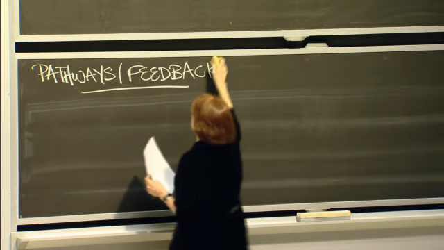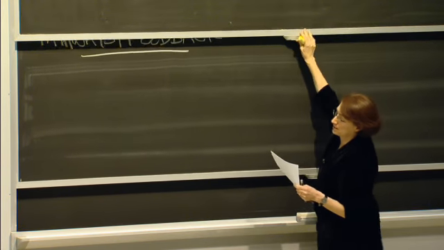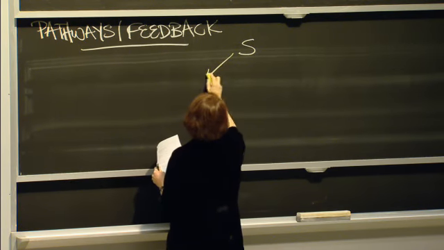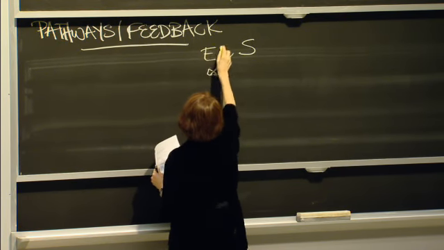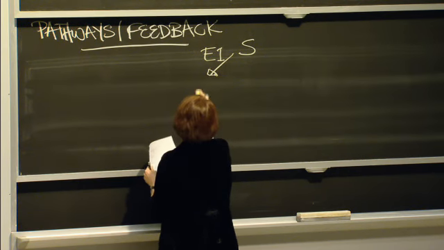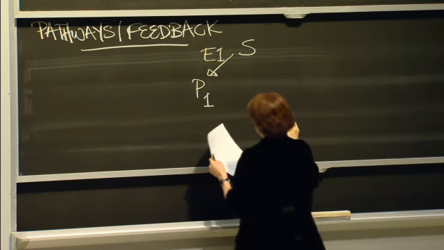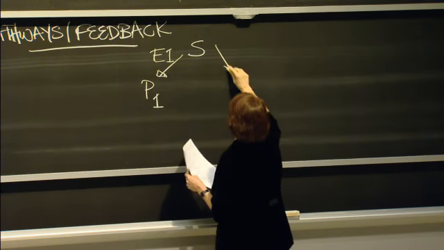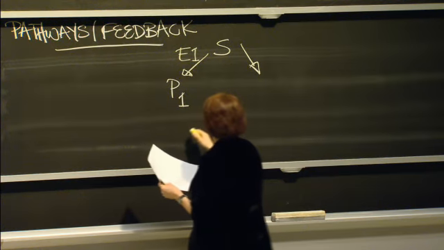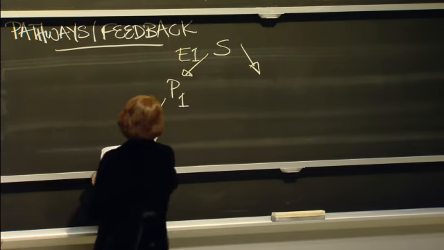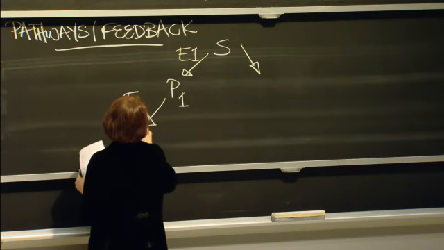And let's draw a simple pathway on the board to give you a sense of what I mean. Let's start off with a substrate that's converted through the action of enzyme 1 to product 1. And then there is also a competing pathway where, let's make it product 1, or we can call it substrate 2, but let's call it product 1.